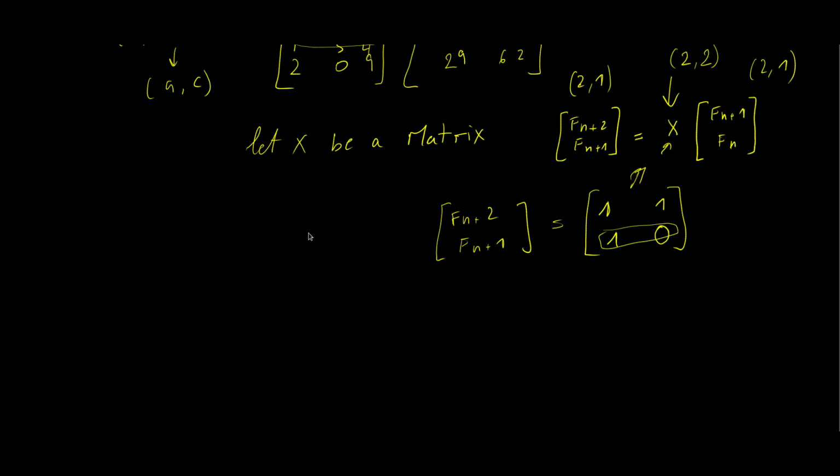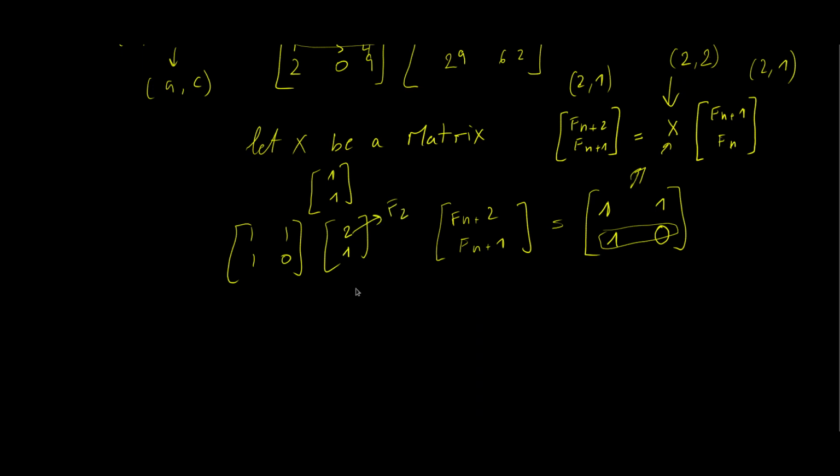So let's go ahead and apply this. Let's say we start with f of 1 and f of 0, so they are equal to 1. And then we multiply them by our matrix 1, 1, 1, 0. So the value here will be 1 times 1 plus 1 times 1, which is 2. And here we'll have 1 times 1 plus 0, which is 1.